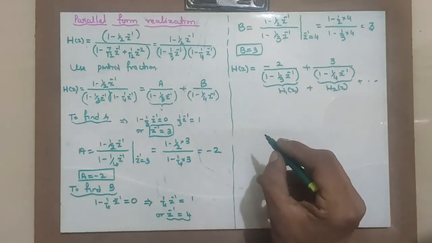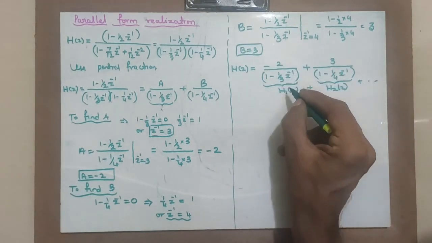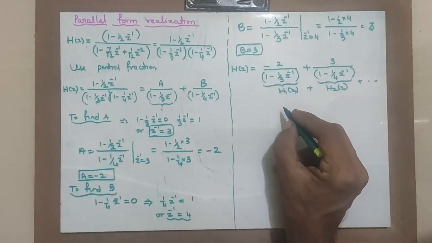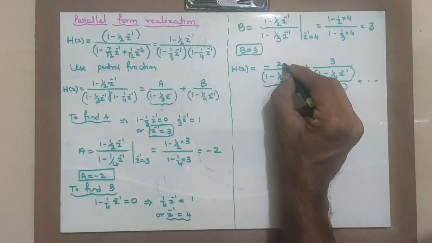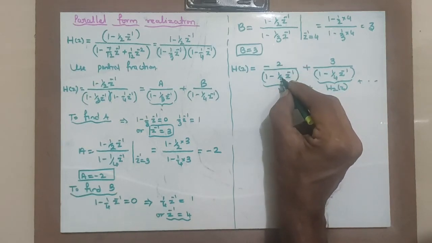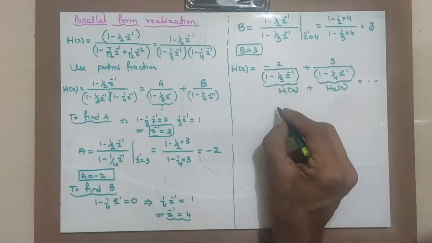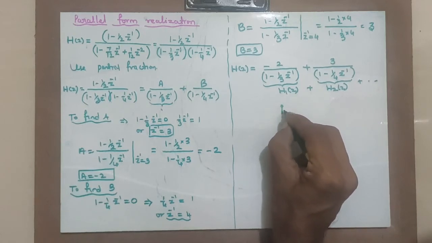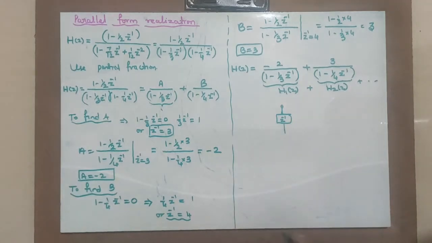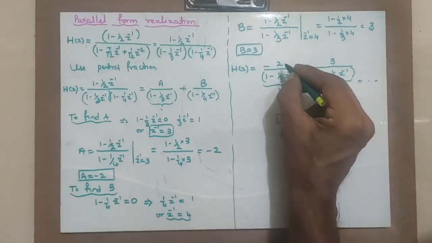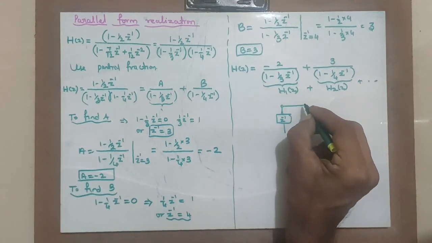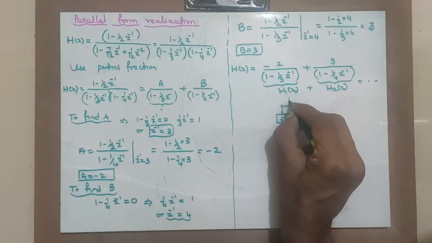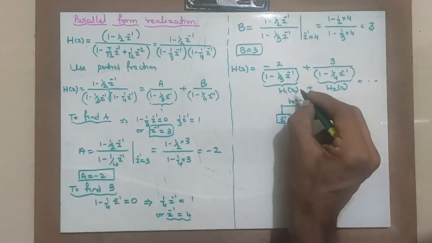Let us do that. First, let us implement H1 of z. So as to implement H1 of z, this is the numerator or the input side, and this is the denominator, which is the output side. Obviously, I will take a central limb or central point here. I will have one delay element, and on the output side I will implement the numerator, that is b0 equal to minus 2.